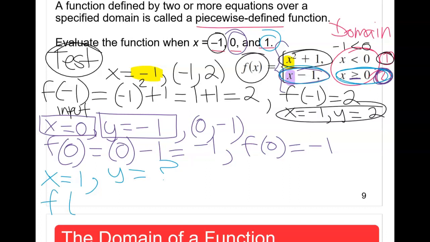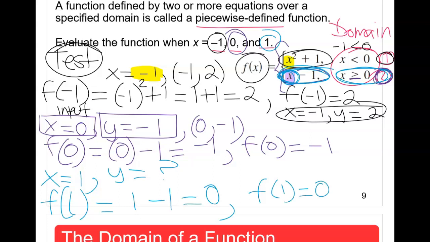So f of 1 is going to equal, based on that equation, 1 minus 1, because we substitute the x with the 1. And that gives us 0. So what that means is that f of 1 is equal to 0. In other words, when x is equal to 1, the y is equal to 0. And as a coordinate, it will be (1, 0): 1 for x, 0 for y.